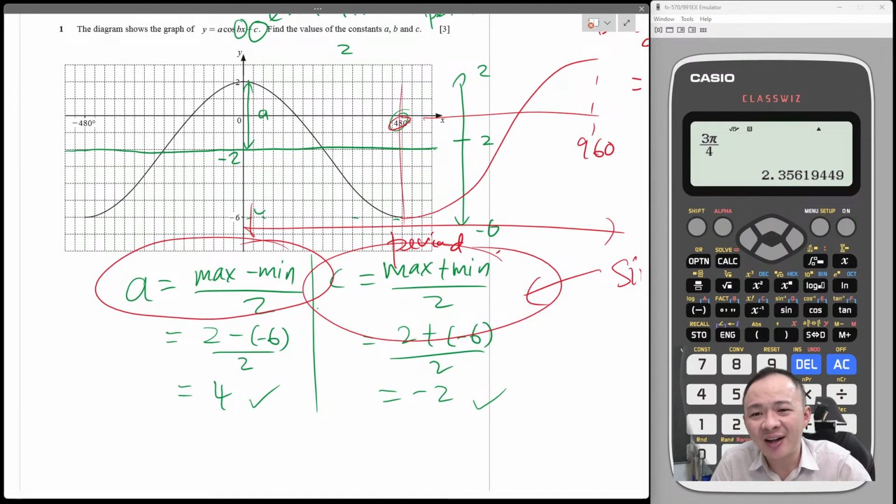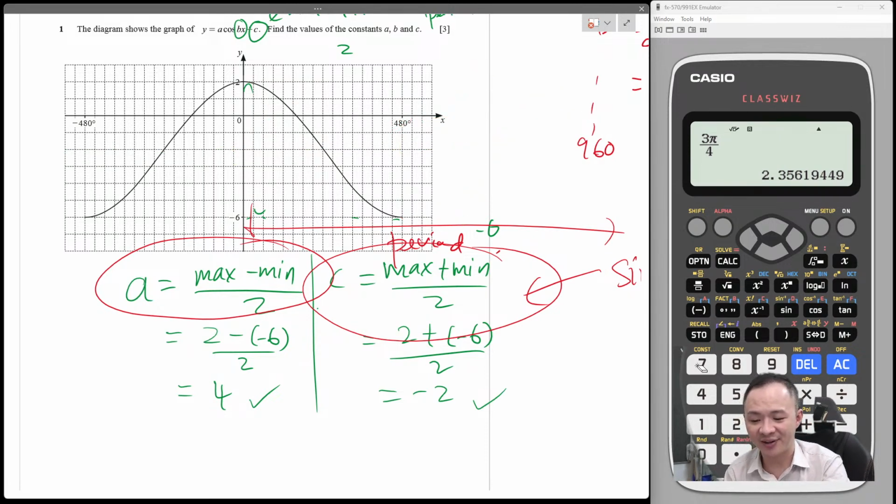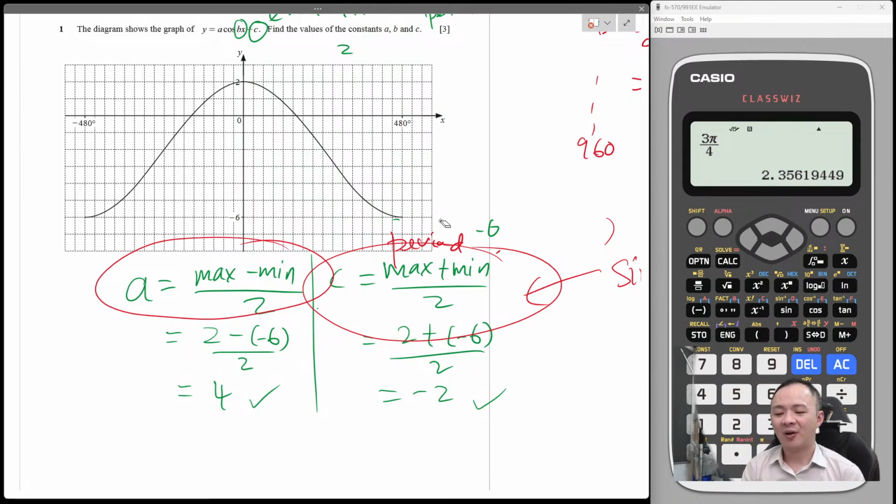How do you find 960 degrees for the first question? Because they actually show us half of the circle. Do you see? They actually show us half the circle. Of course, if you argue, sir, maybe this point here is not the minimum, maybe they will continue to go down.